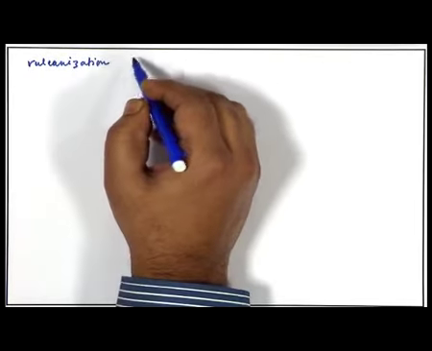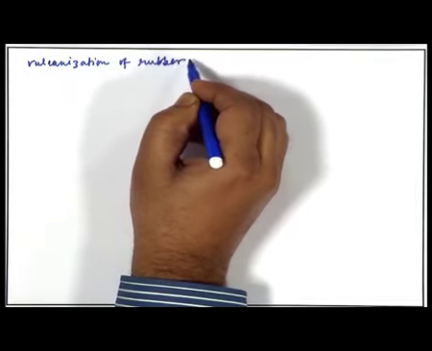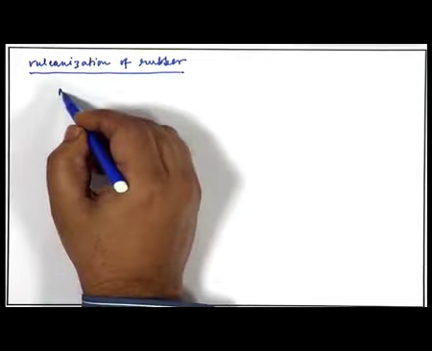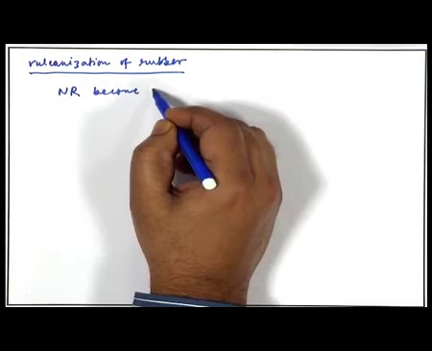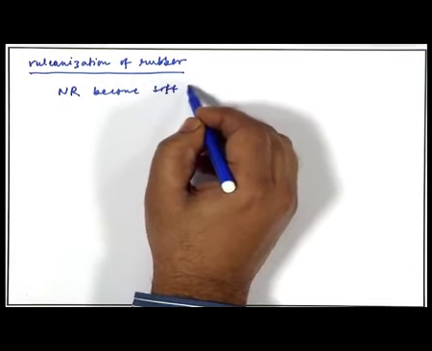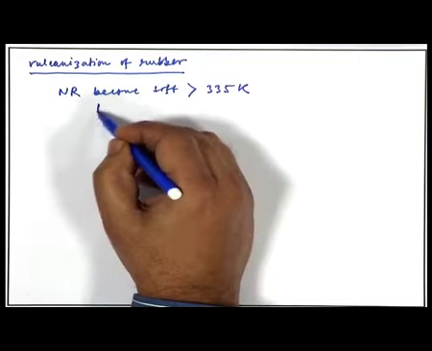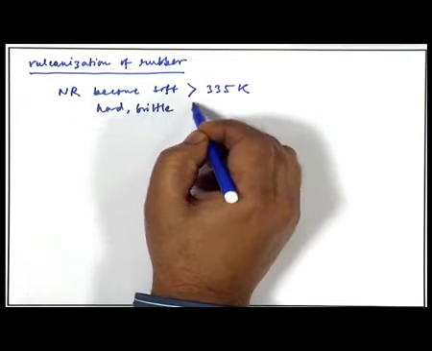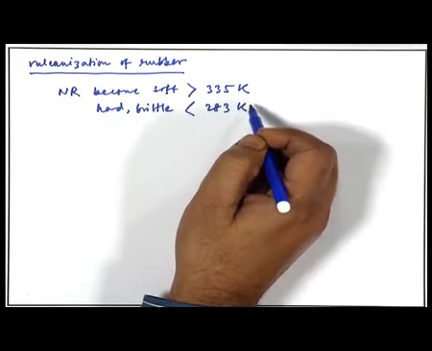Z or S, whatever you can write. Now, why do we require vulcanization of rubber? This natural rubber becomes soft, as I mentioned, soft and sticky at greater than 335 K. It becomes hard and brittle at less than 283 K, and this limits its application.